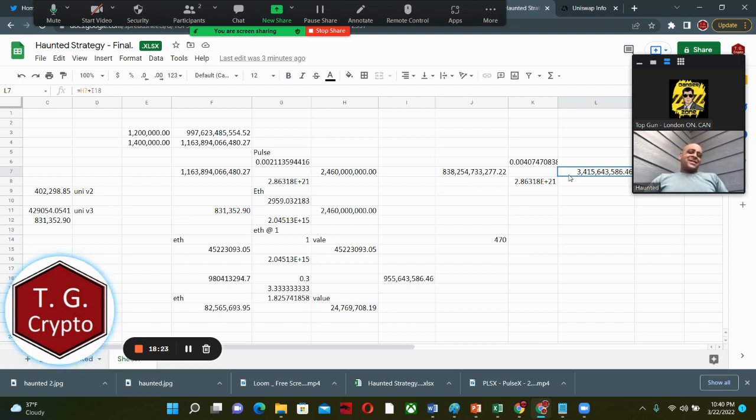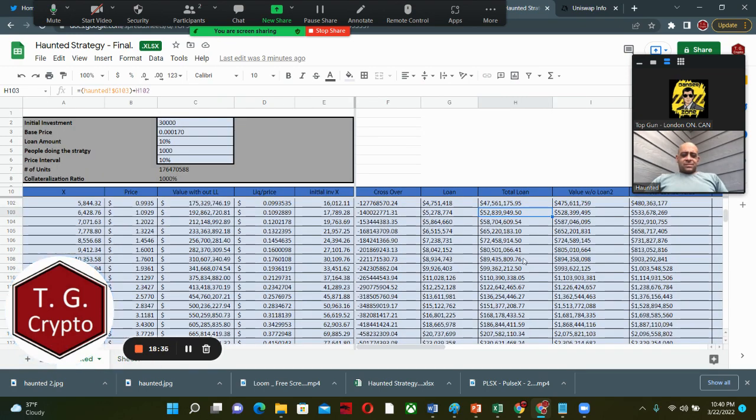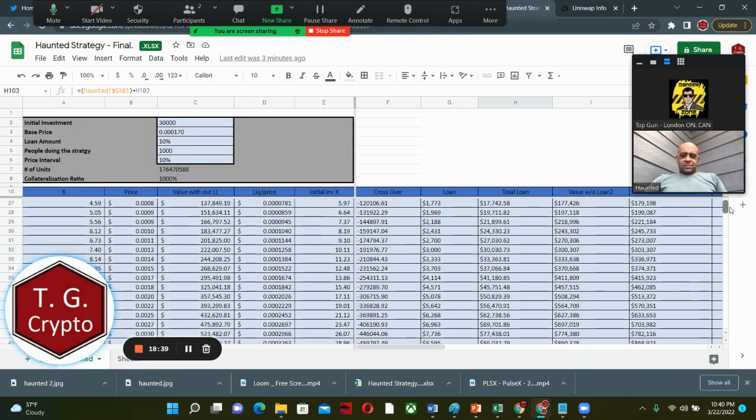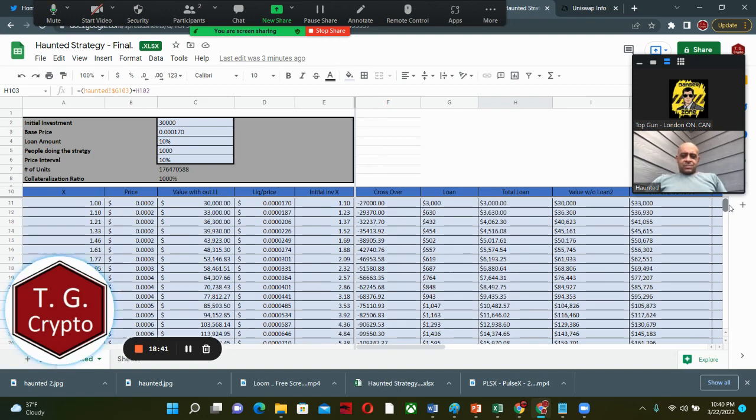Well, all right. So now we've looked at what $1 billion over the course of 2 years would do to double the price. Now, let's have a look back at the haunted side of the sheet here. I was going to be super conservative, but we literally just went to, oh, what's that?